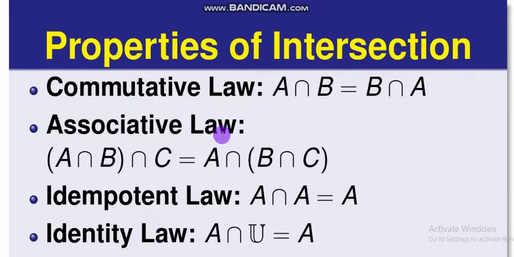Again, associative law that we saw previously, I can start by finding the intersection of A and B. The set that I obtain, I will then find its intersection with C. Or I'm going to keep this A and start with B and C. I will get the intersection of B and C. Then later I get the intersection of A with my result.